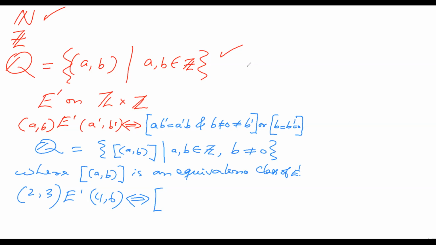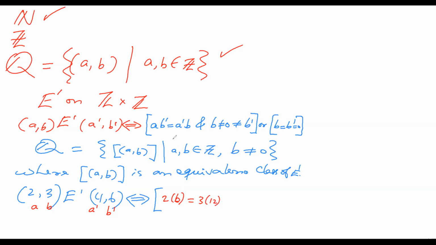Let us check it. We have A, B, A prime, B prime. So is A B prime equal to A prime B? 2 times 6 is equal to 3 times 4.